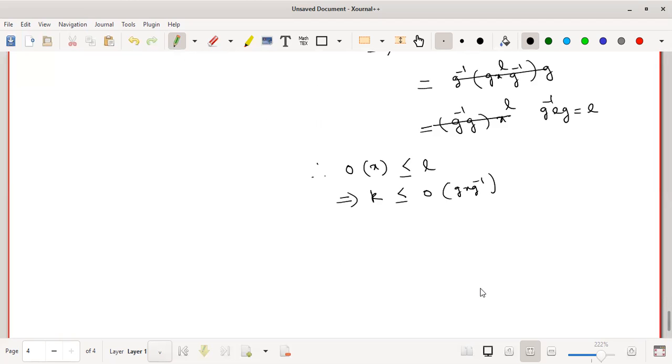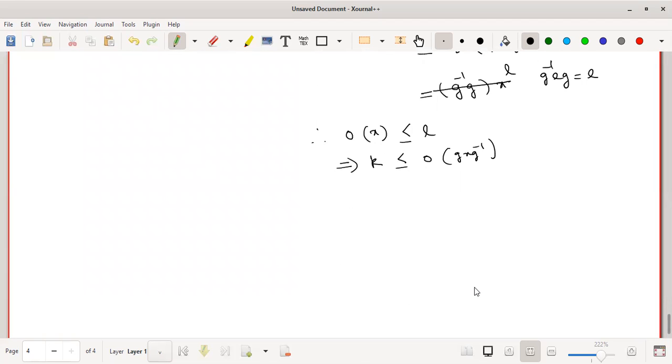Now, suppose order of x is infinite. One thing we have understood from this proof is that gx to the power k g inverse is equal to identity. We have derived this: identity if and only if x to the power k is equal to identity, right?